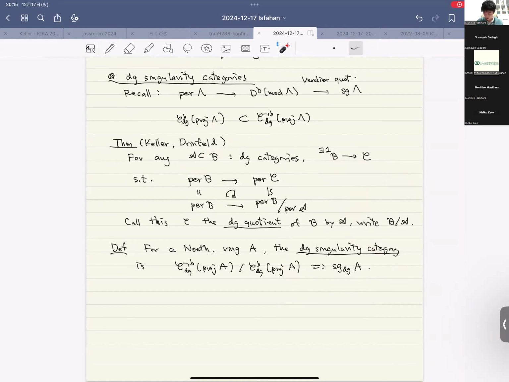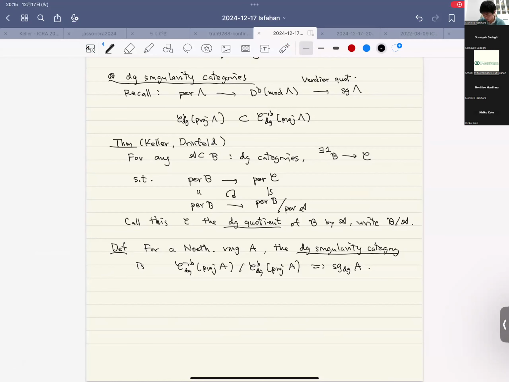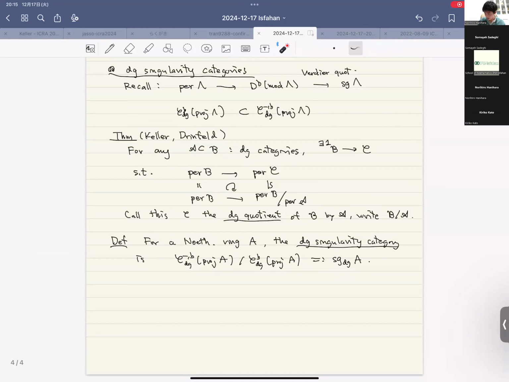That's one description of the DG quotient. But today, for our purpose, we want to give a description of this DG quotient that gives a relative understanding of this category.